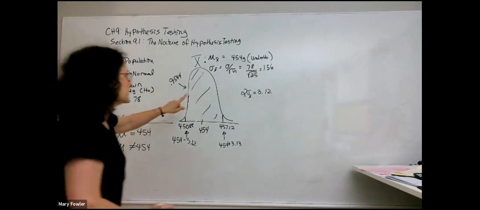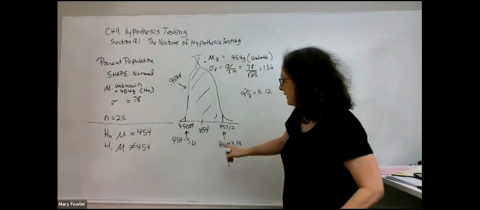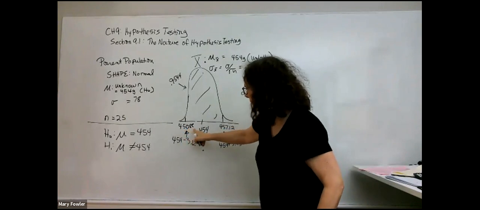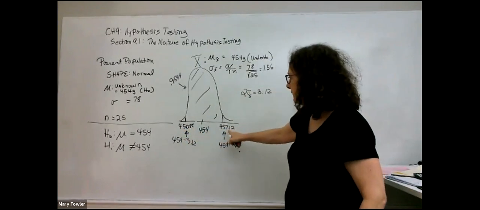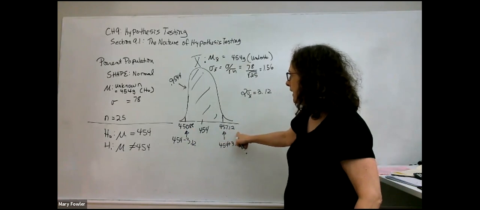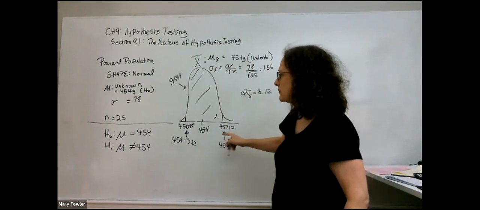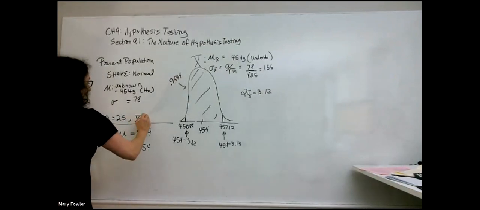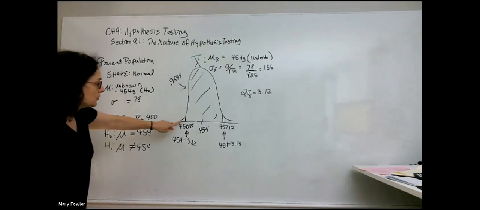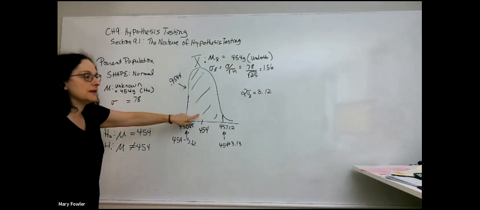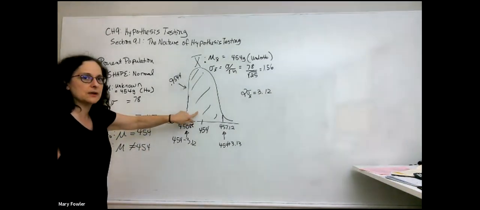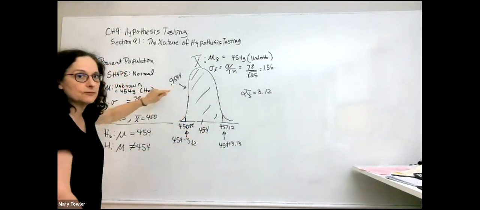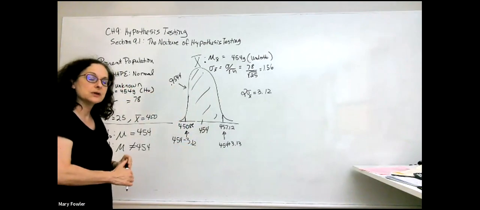Okay, so we do see that if our interval of interest here is 450.88 to 457.12, and the X bar that we observed, right, we observed an X bar of 450, then we do see that that X bar is not within the 2 sigma interval that we had chosen as the precise criterion for rejection of the null hypothesis.